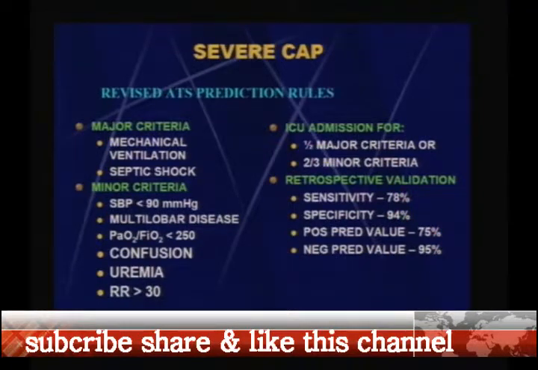On the basis of this, if you have one out of the two major or two out of the three minor, then this results in significant mortality. And this parameter has a high specificity and a fairly good sensitivity.